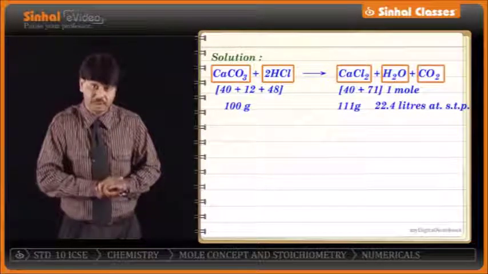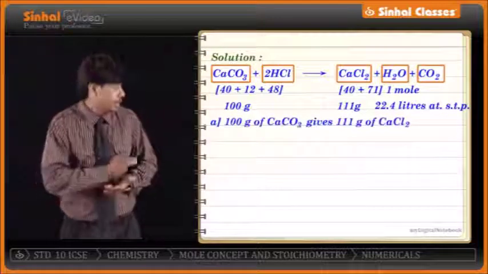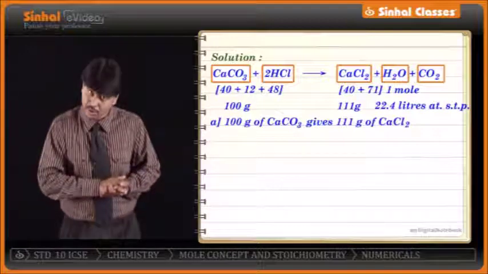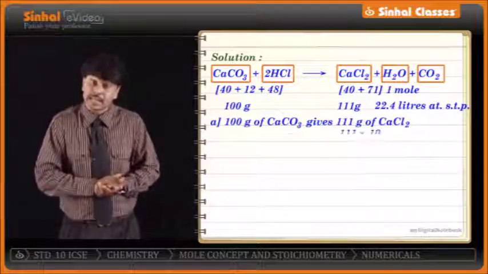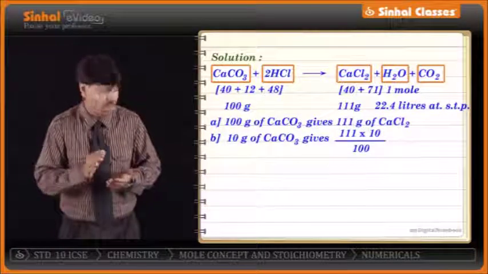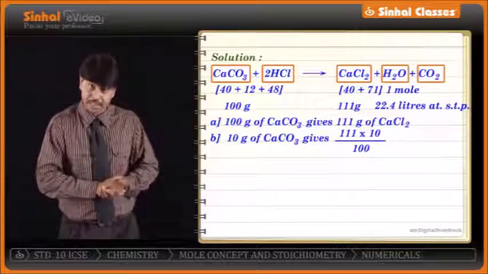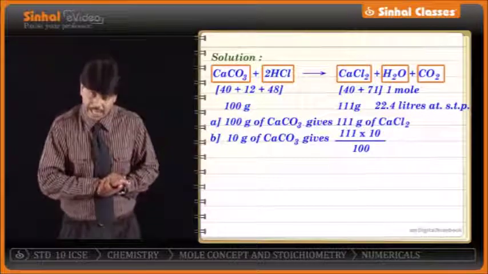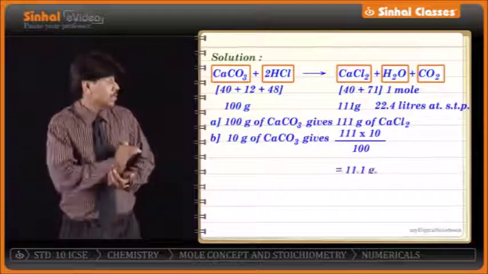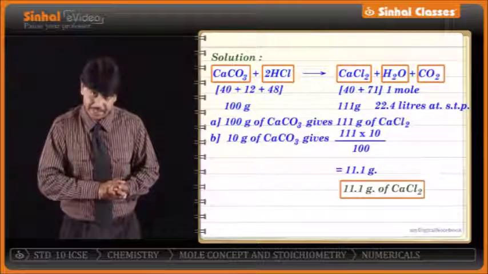Now first let's calculate for calcium chloride. 100 grams of calcium carbonate, that is CaCO3, gives 111 grams of calcium chloride. Therefore, 10 grams of calcium carbonate will give how much weight of calcium chloride? Cross multiply it. Gives 111 into 10 divided by 100. Answer comes out to be 11.1 grams of calcium chloride.